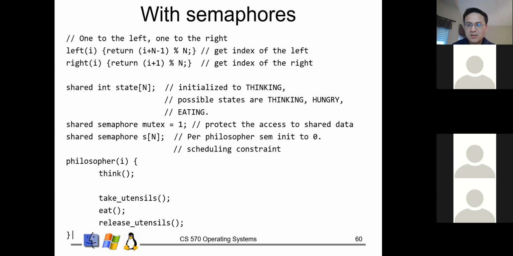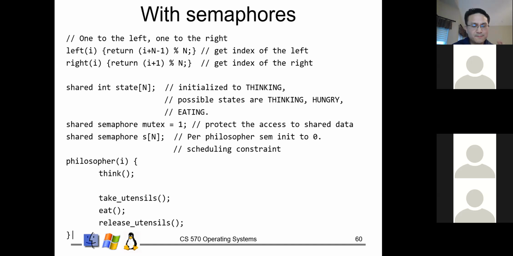So the key idea in this implementation is to make sure that when a philosopher tries to get utensils to eat, it gets both utensils beside it at the same time. You either get two utensils at the same time, or you don't acquire any utensil. We're trying to avoid the scenario where the philosopher only acquires one utensil and holds it. We want to break that condition. You guys get the idea?